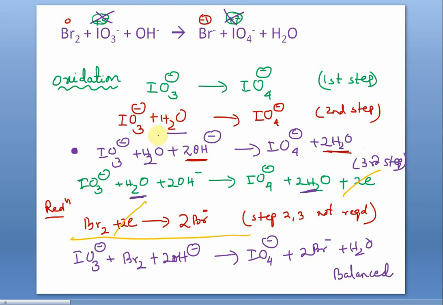That is, the number of excess hydrogen is 2, so you add 2 OH minus and immediately 2 water on the opposite side, right? Here you can simplify because water has been added in 2 steps, step 2 and step 3. If you like, you can simplify the equation by cancelling water here and deleting 2 here, so that you need not bother at the end. Otherwise, water will be available on both sides. So I have kept it like that. I will be simplifying at the end.